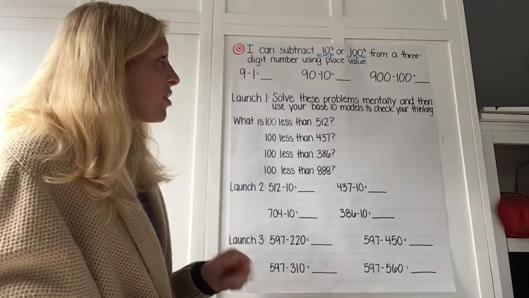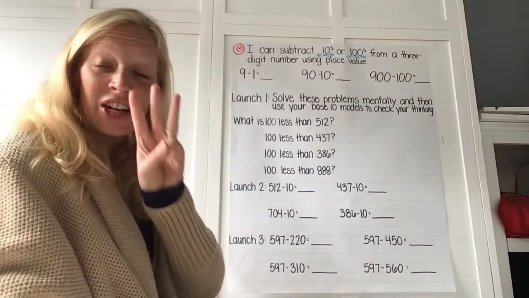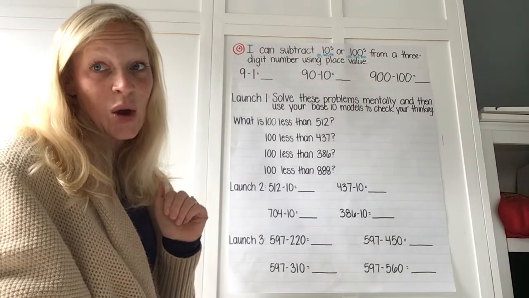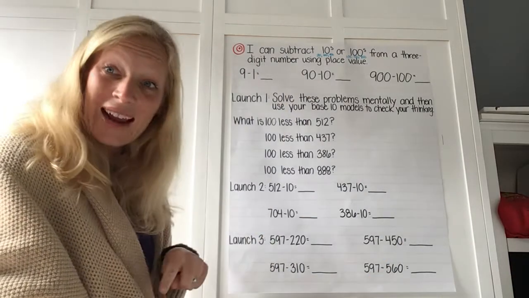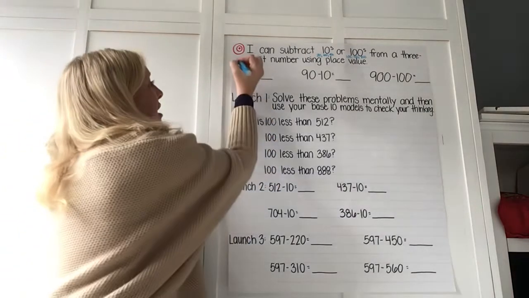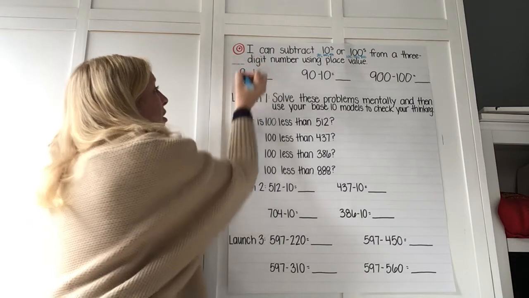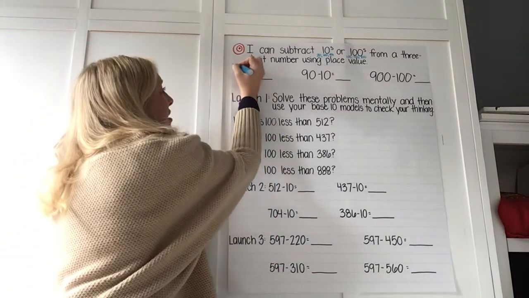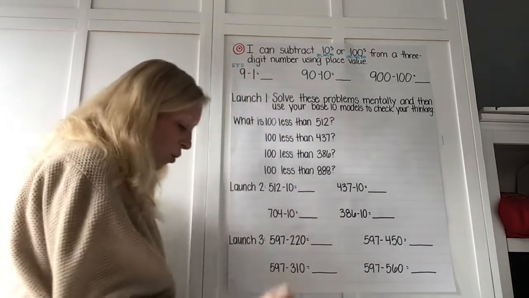It also says that we're subtracting it from a 3-digit number. Now, we were adding 3-digit numbers a couple weeks ago. Now we're going to be subtracting. And when we think about that 3-digit number, we want to remind ourselves that a 3-digit number, in fact, has 3 digits. It has a hundreds, a tens, and a ones.